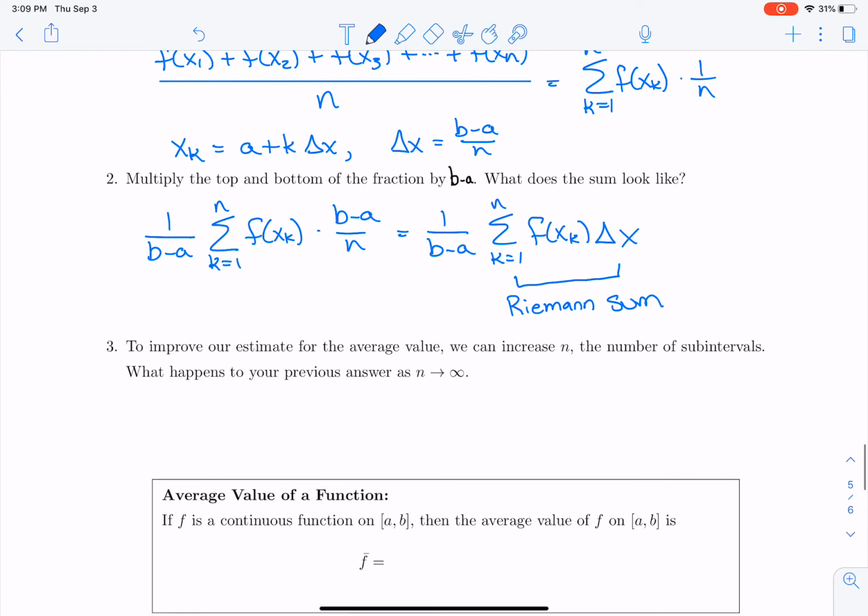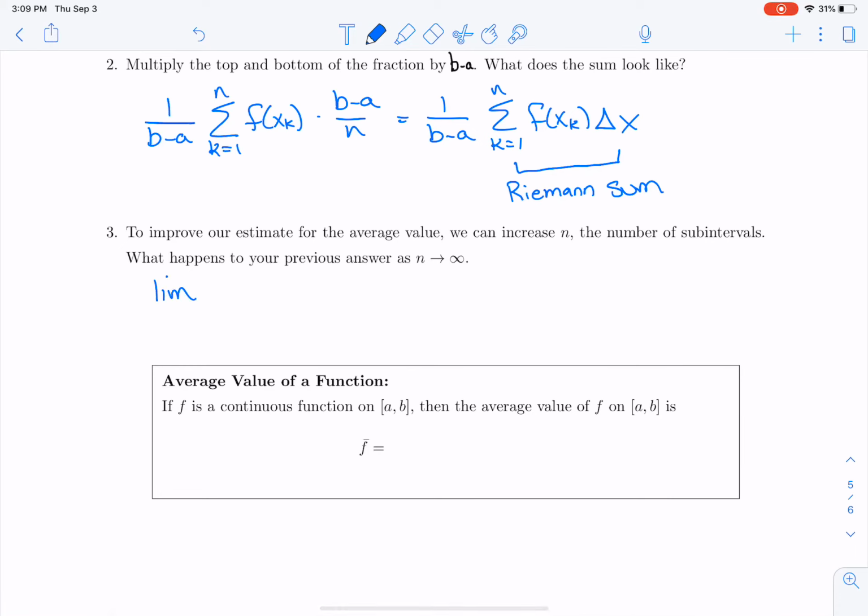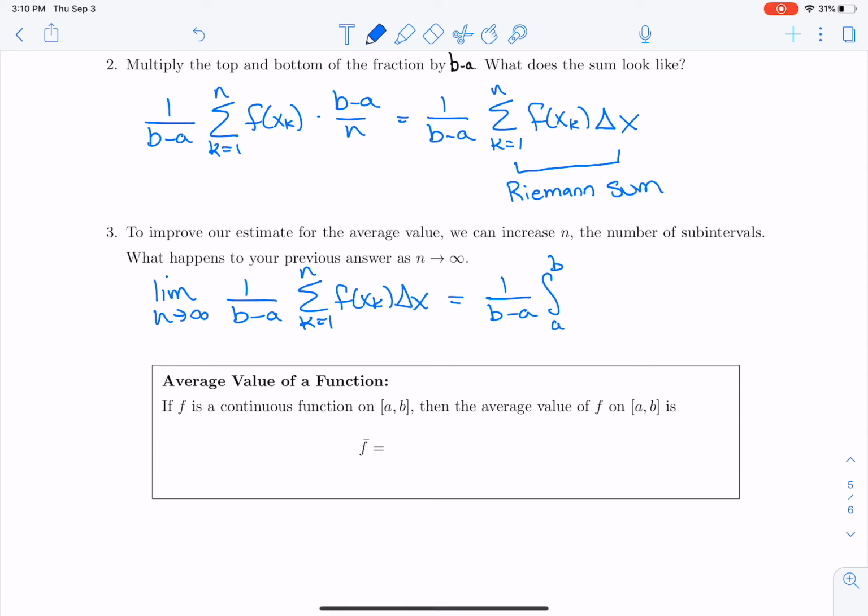Well, what if we took the limit as n goes to infinity of our formula for average value, which is 1 over b minus a, the sum from k equals 1 to n of f of xk delta x. Well, that would be an integral. That would be 1 over b minus a times the integral from a to b of f of x dx, because the Riemann sum converges to an integral. And that is going to be our formula for average value of a function.